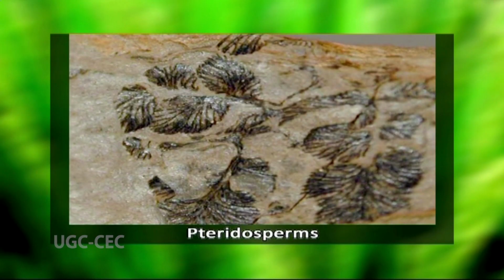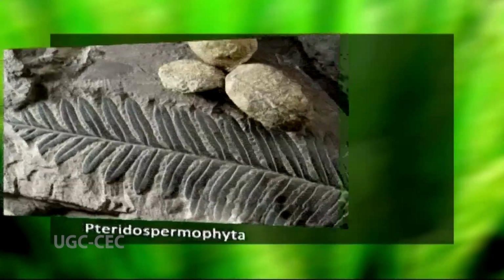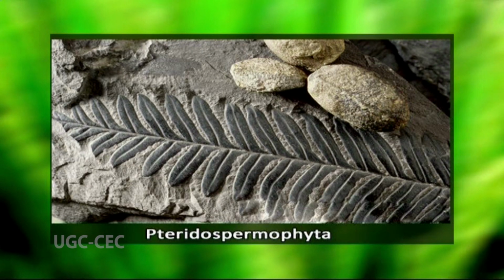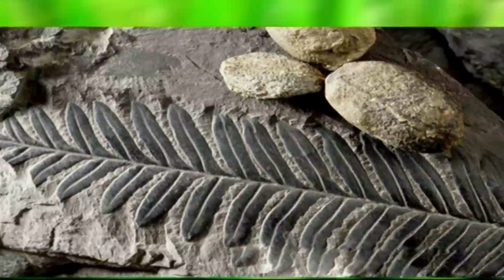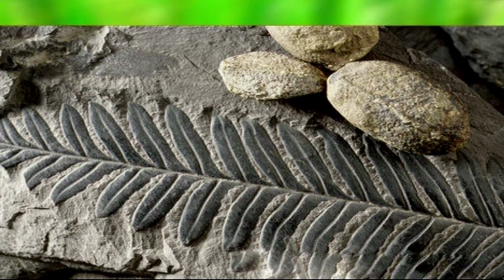Mesozoic Pteridosperms. The Pteridosperms, also sometimes called seed ferns, were a group of Mesozoic fossil plants that possessed seeds. They had seeds, but their leaves were just like ferns.